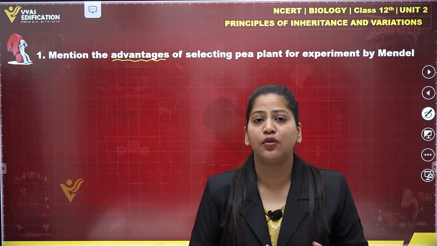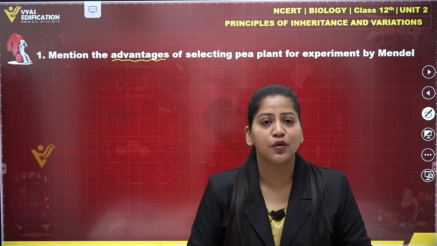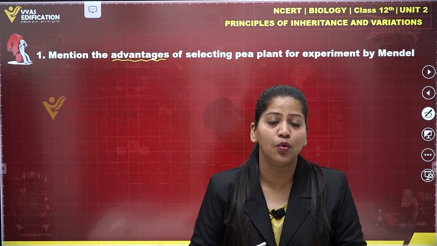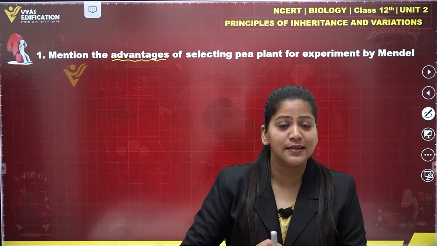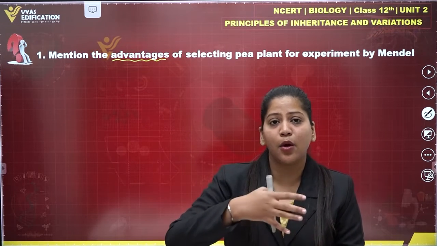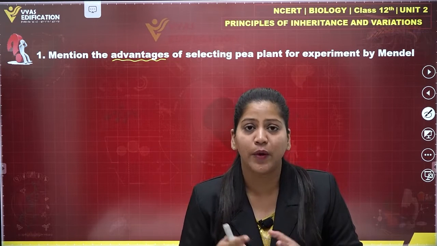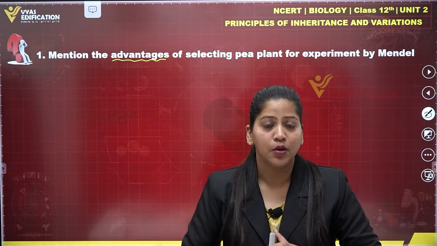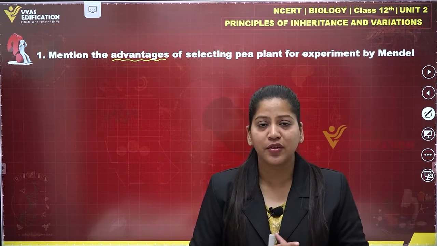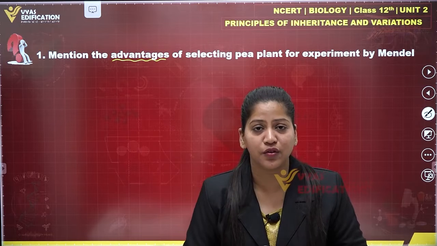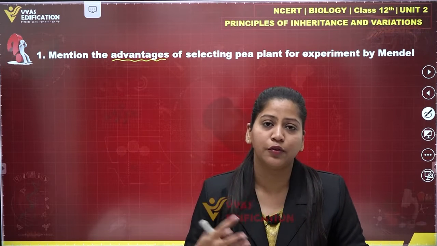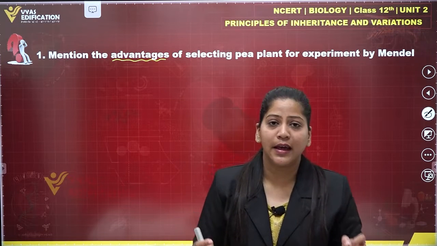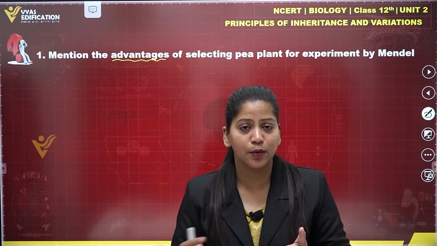The first advantage of pea plant is that it has various contrasting traits, various contrasting characters which are easy to know, and they are passing from one generation to the next generation. It's easy to mention that these characters are passing from parent generation to offspring or progeny. So it's having various contrasting characters. This is the first advantage.